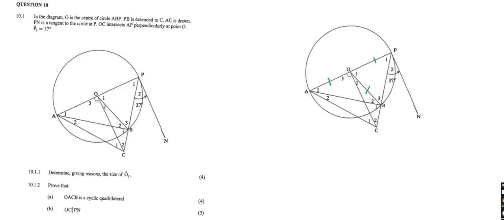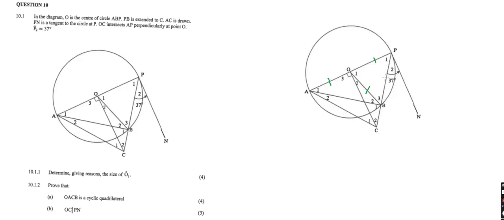So PB is extended to C. AC is drawn. And then PN is a tangent. We are being told that PN is a tangent. So since PN is a tangent, we can apply the tan-chord theorem.